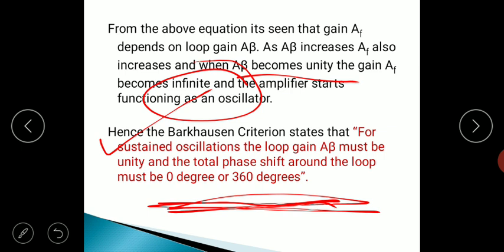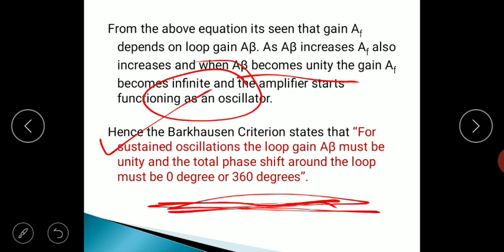So the essential conditions for an amplifier to function as an oscillator are that the total loop gain A beta must be unity, and the total phase shift around the loop should be 0 degree or 360 degree or multiples of 360 degree. That is the important principle of oscillation called the Barkhausen criterion of oscillations. Again I am repeating, A beta equal to 1 and total phase shift equal to 0 degree or 360 degree is called the Barkhausen criterion in simple words.